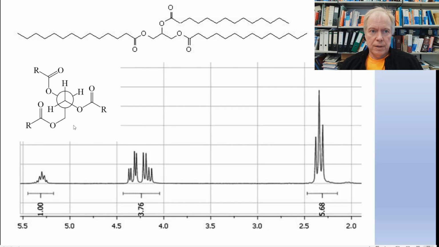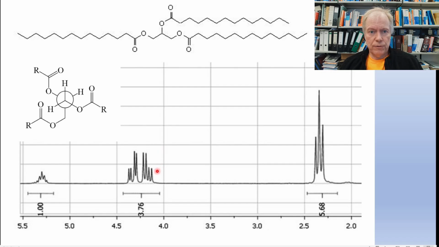Then they have a coupling constant with each other across two bonds. It's usually a rather large coupling constant between 16 and 24 Hertz.